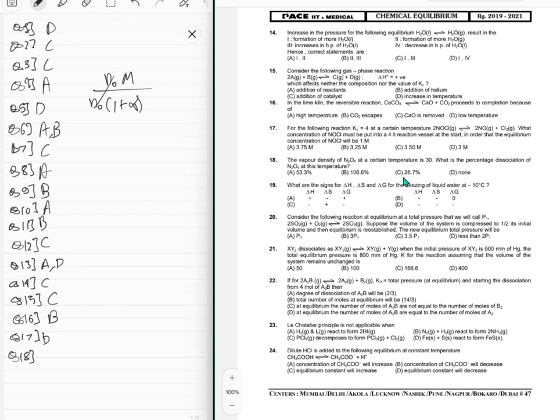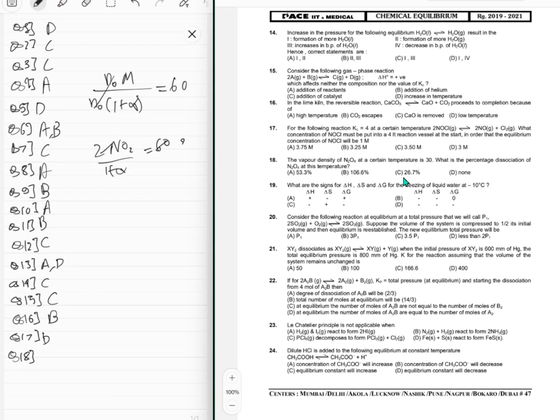It cancels. Vapor density times 2, that's just the molar mass, so it's going to be 60 over there.